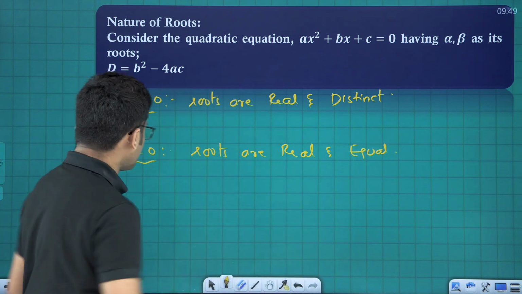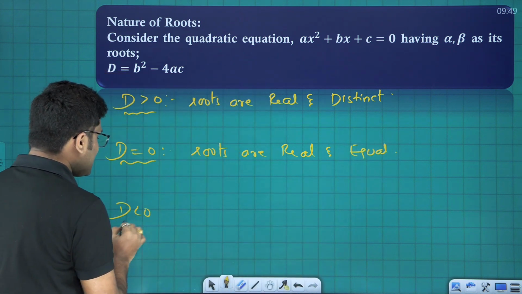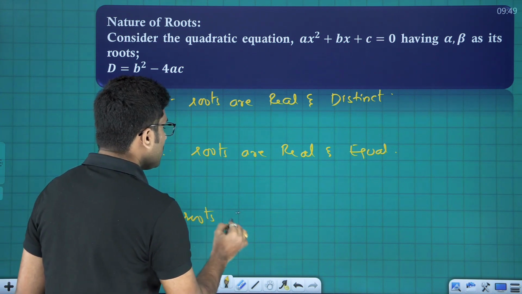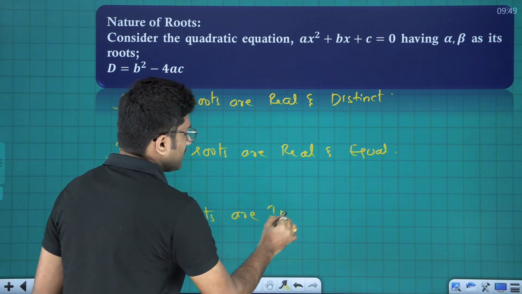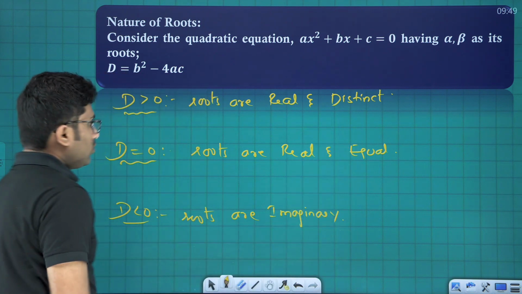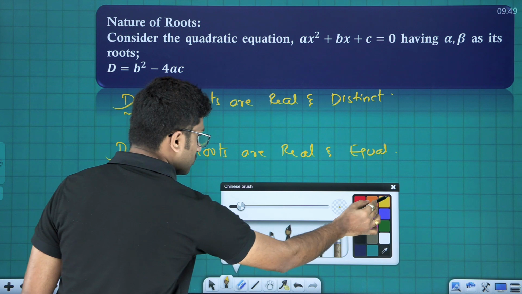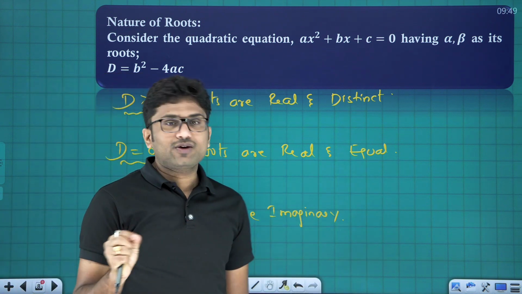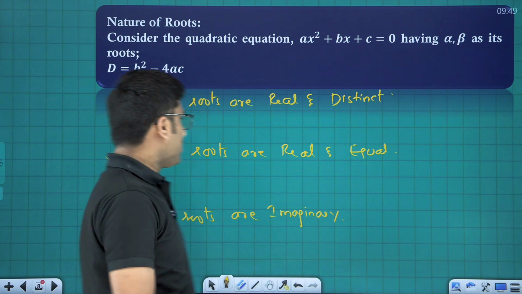Repeated roots are equal roots. If the discriminant is less than 0, then roots are imaginary. In the equal case we call them real and equal roots, or repeated roots, or equal roots.